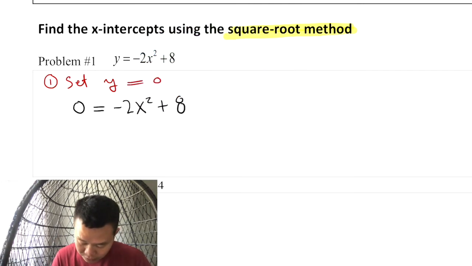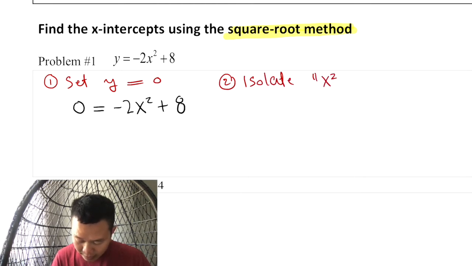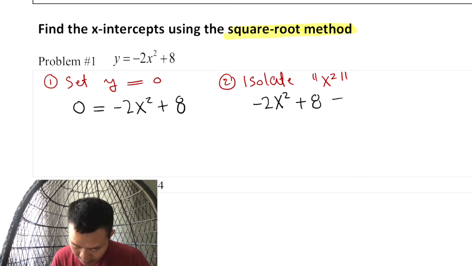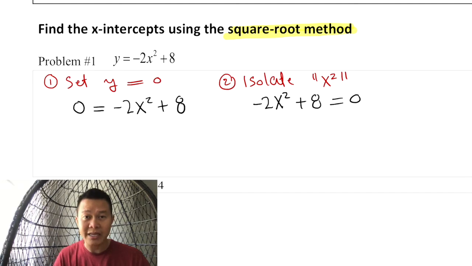Step number 2, we're going to isolate the term x squared. Let me copy over the problem. The problem looks like this. I'm just switching the size, and that shouldn't change anything. I'm going to isolate the term x squared.